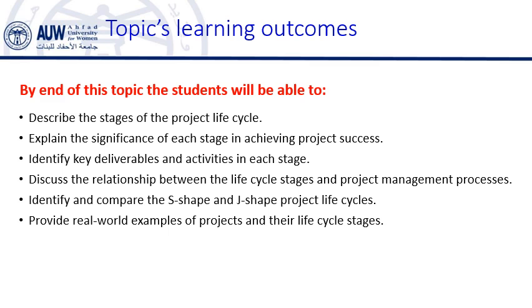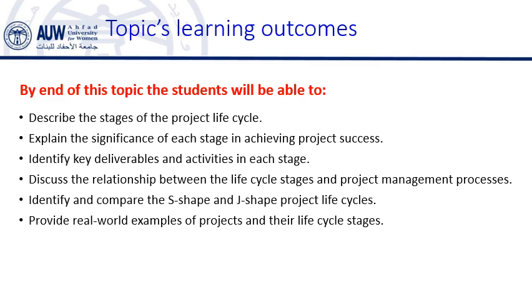On this slide, we will outline the learning outcomes for today's lesson. These outcomes represent the key objectives you should achieve by the end of this lecture on the project life cycle, including the different types of project life cycle, the S-shaped and J-shaped life cycles.